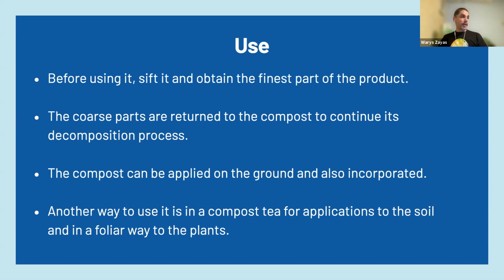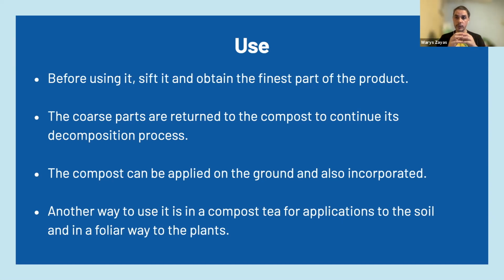The compost can be applied on the ground or above the ground, or you can also incorporate that material into the soil matrix. When you're using it for short cycle crops, it is highly recommended to incorporate it in the matrix of the soil.